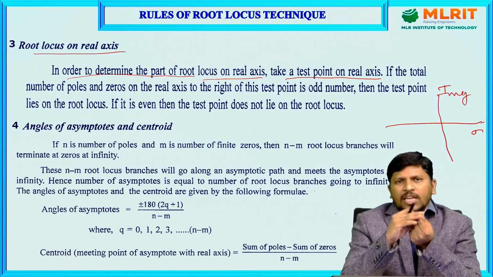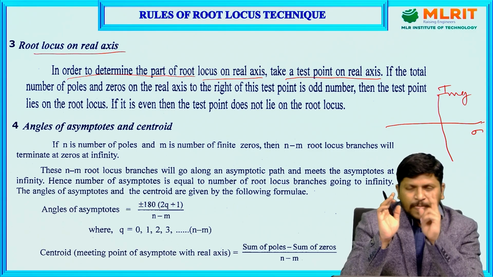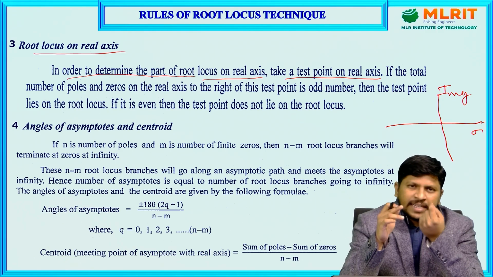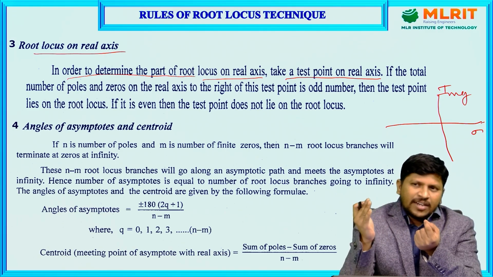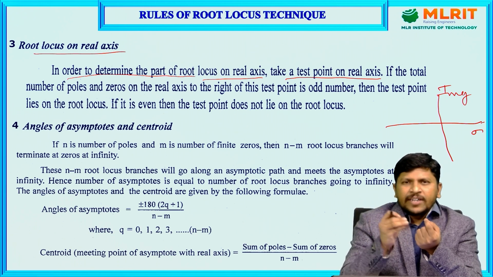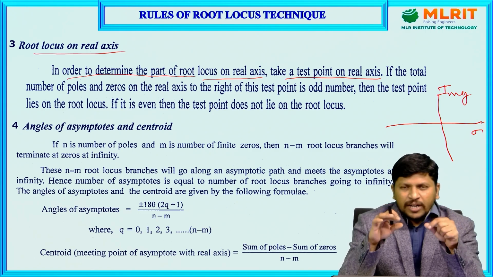If it is an even number, then the test point does not lie on the root locus. Two things are very important: how to identify the root locus on the real axis? Take the test point, and on the right side of the test point, count how many poles and zeros are available.